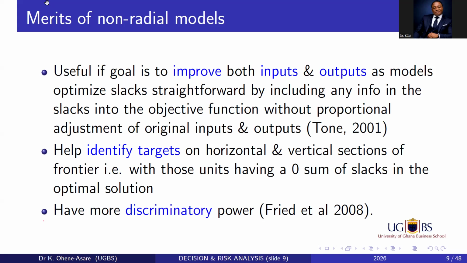So you may get more efficient firms under the DEA model than under the non-radial models. You get more efficient firms under the radial than under the non-radial, because the non-radial is incorporating slacks, which is more inefficiencies. And because it's incorporating more inefficiencies, your actual 100% efficiency comes down.